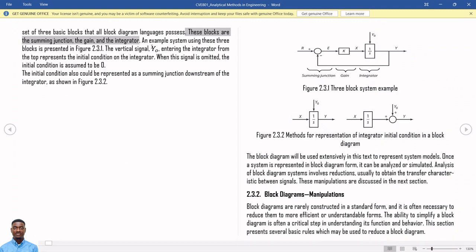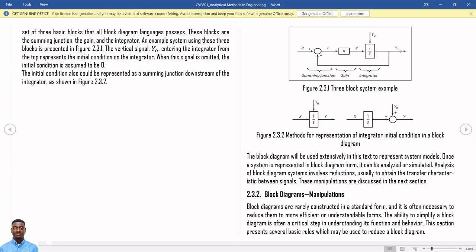So an example showing the three blocks is shown in your figure 2.3.1, where you have your sum or summing junction, you have your gain, and you have your integrator. Now, every integrator has what we call the initial condition, which is the Y naught here as initial condition.